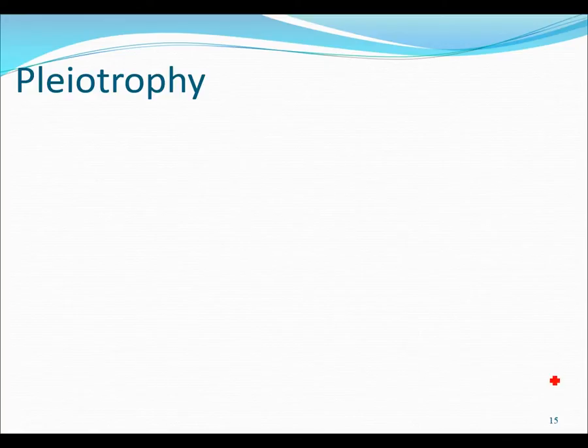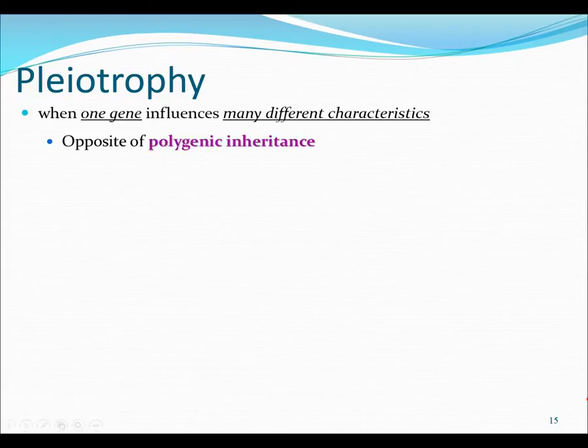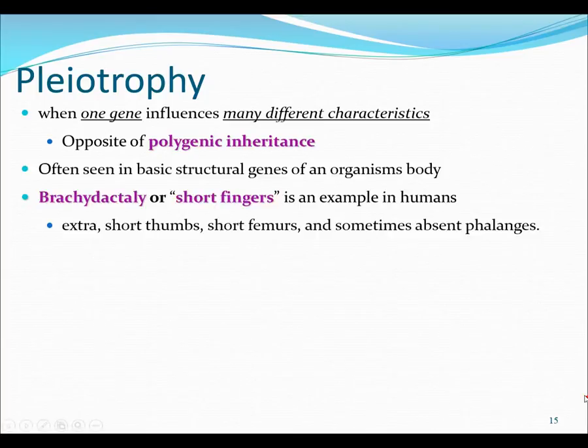Now we have one gene affecting many characteristics. One of the things with pleiotropy is that it's often seen in basic structural genes of an organism's body.